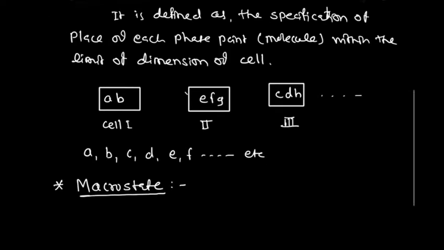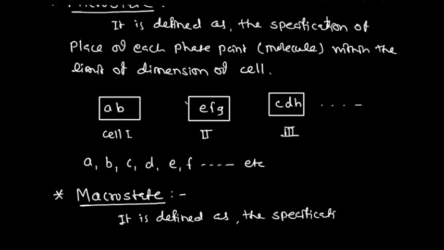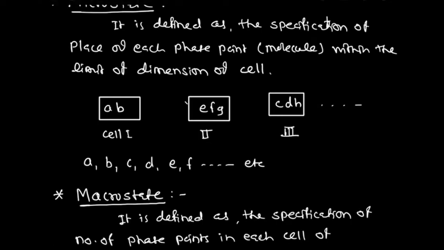The macrostate of the system is defined as the specification of the number of phase points in each cell of phase space.